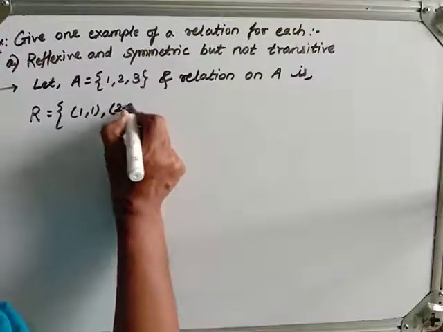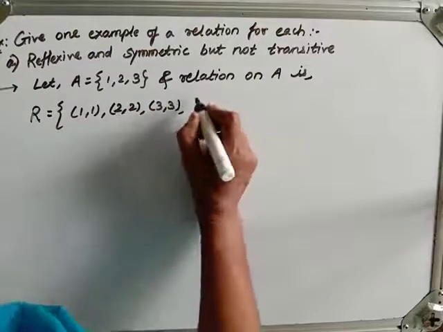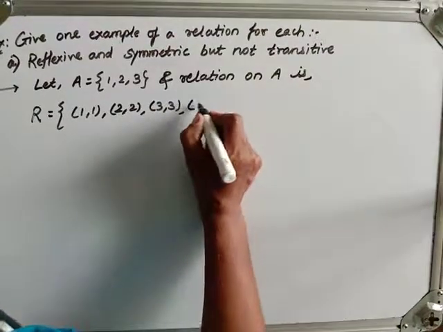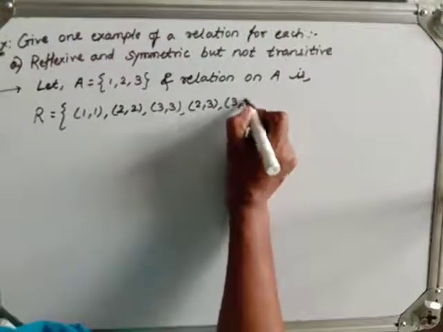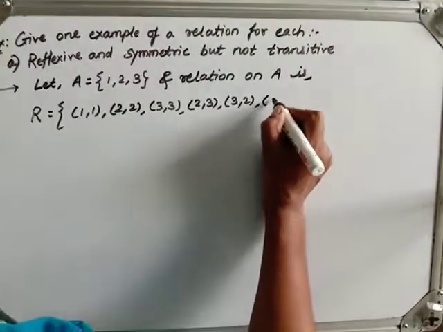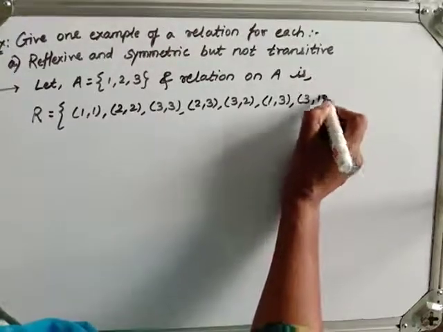It should be reflexive, so (1, 1), (2, 2), (3, 3) should belong to it. Now suppose a few more pairs belong to it: (2, 3), (3, 2), (1, 3) and (3, 1).